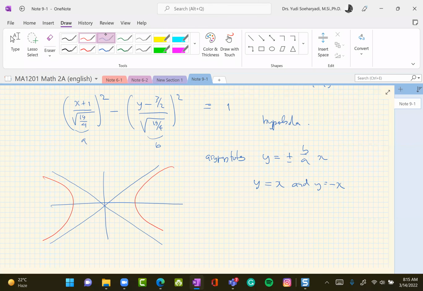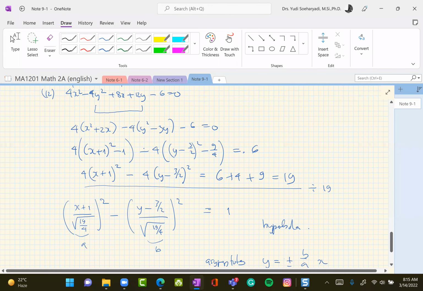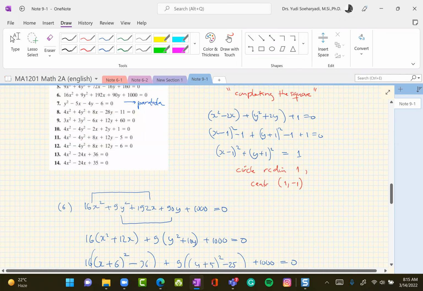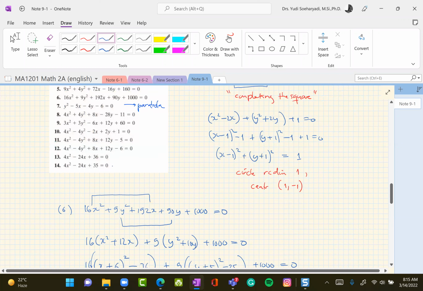And probably the last one here is problem 13, for example. 4x squared minus 24x. So one peculiar thing about 13 is that you have no y's here.